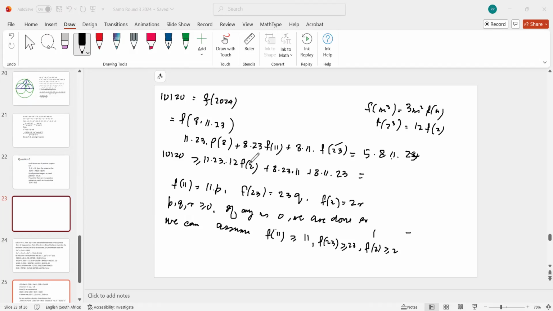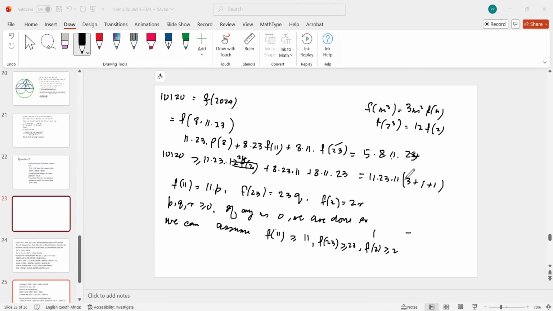This is 12 times 2, it's 24. F of 2 is greater or equal to 2, so I should have 24 here. All right, now you'll see that 8 times 23 times 11 is a common factor. So there's a 3 which is out here. 8 times 23 times 11 is 1. And here too, you got 8 times 23 times 11 is 1.